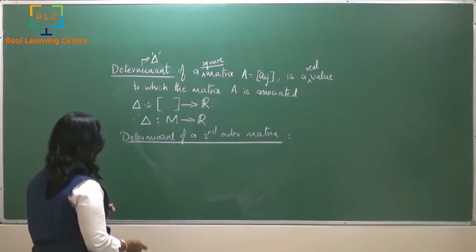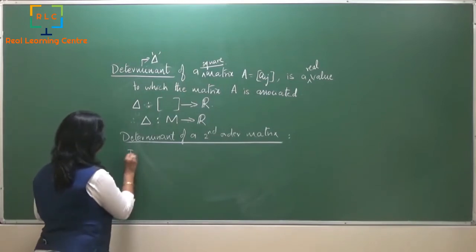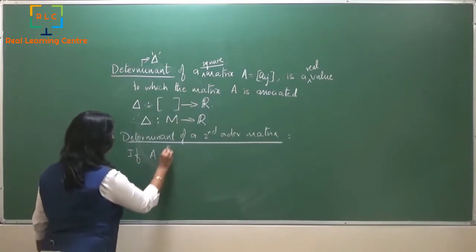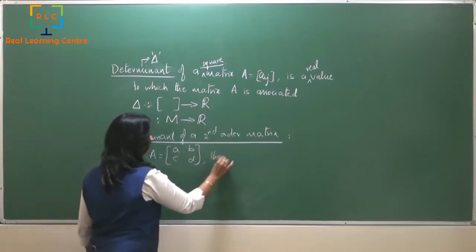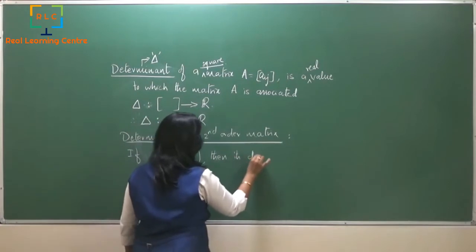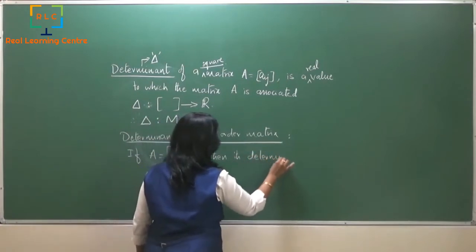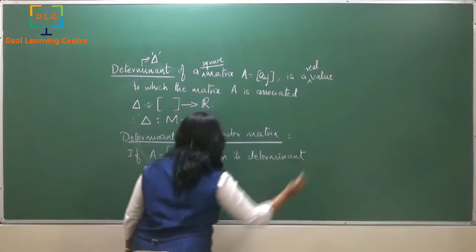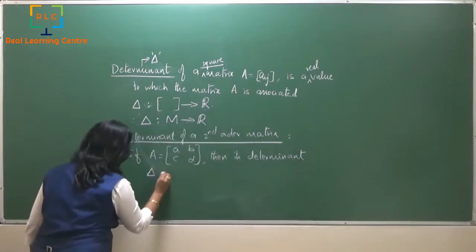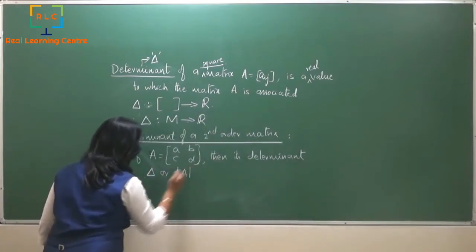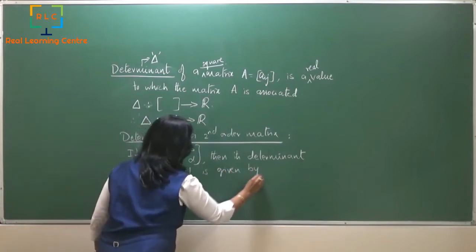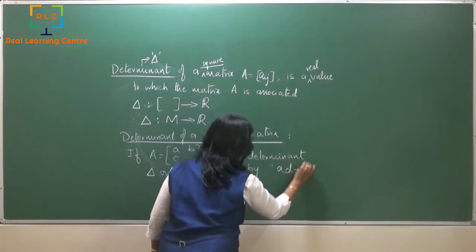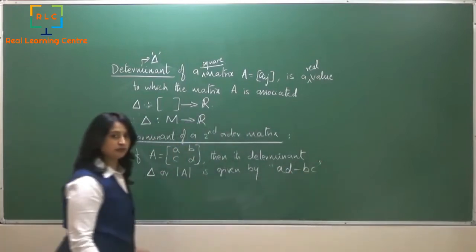So determinant of a second order matrix: if A is equal to [A, B; C, D], then its determinant delta, or determinant of A, is given by AD minus BC.